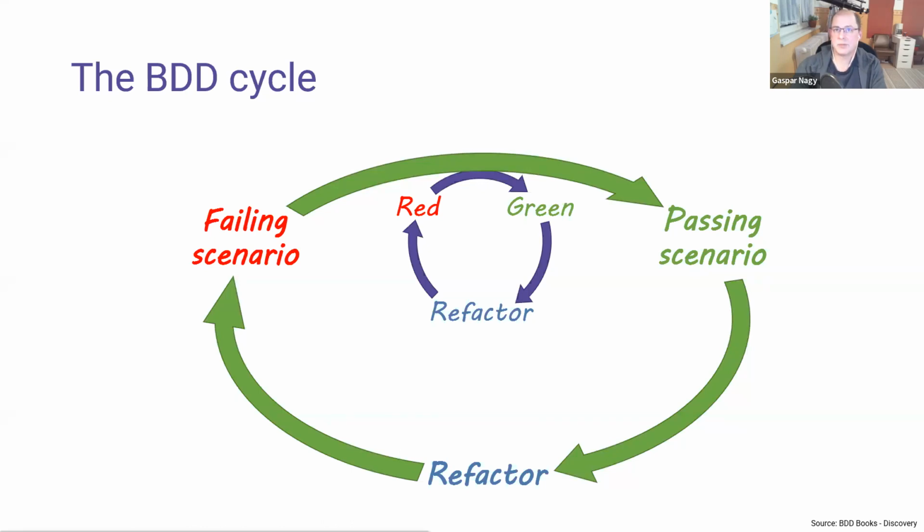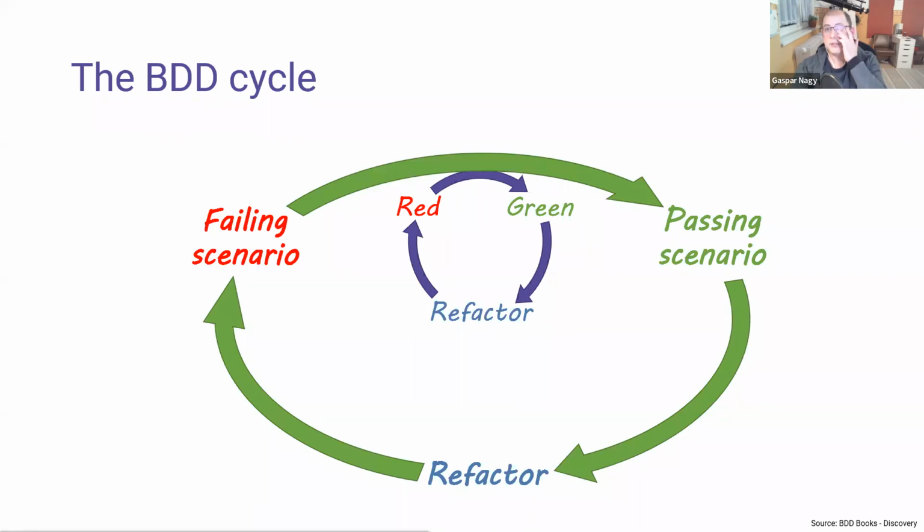But since in this case the production code is a bigger chunk of work, typically you can support that by creating multiple small unit tests. So there is an inner TDD loop inside, and you will probably write a couple of unit tests until the scenario is passing.